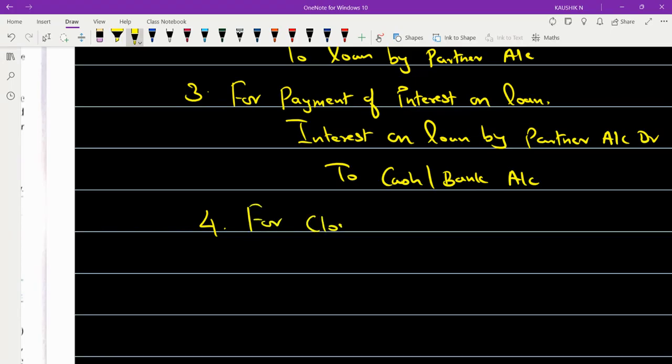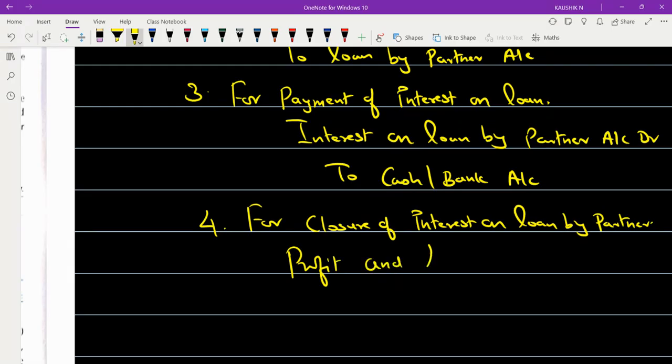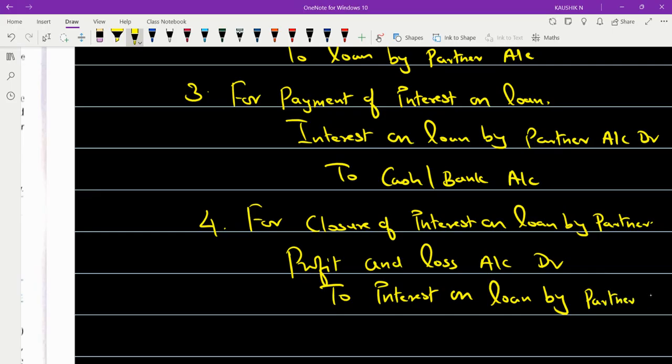So for closure of interest on loan by partner, the entry is profit and loss account is debited to interest on loan by partner account.